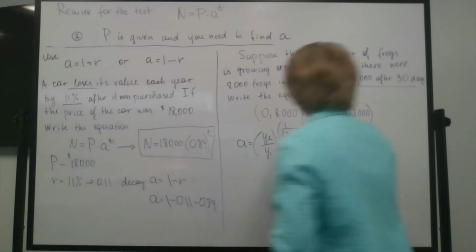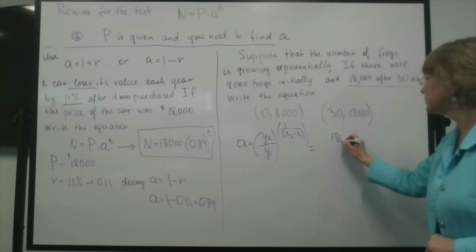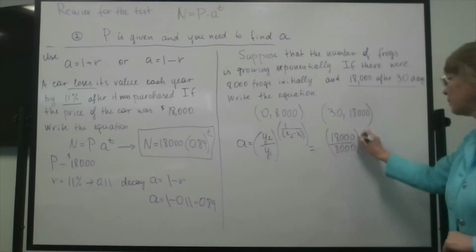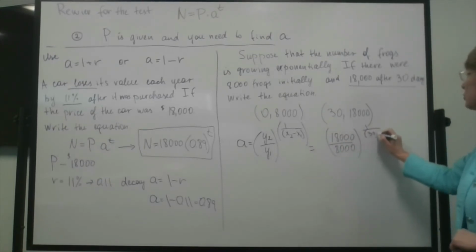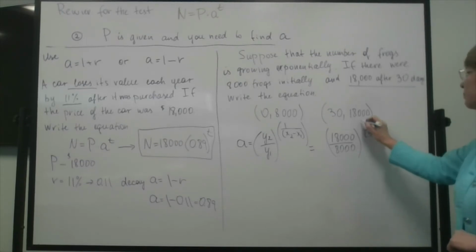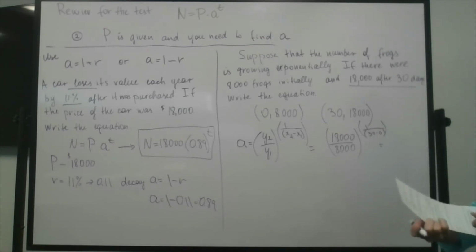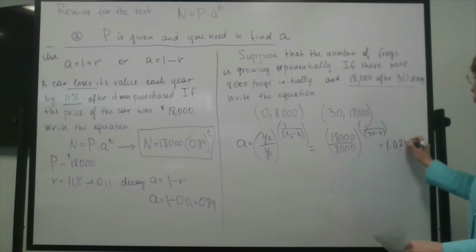Now, let's use this formula. We will have 18,000 over 8,000 to the power of 1 over 30 minus 0. And if you calculate this number, it will be 1.027.